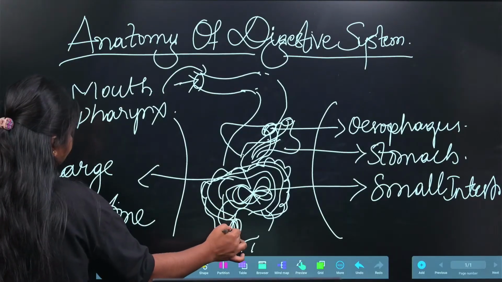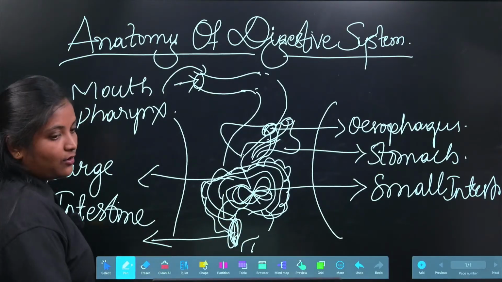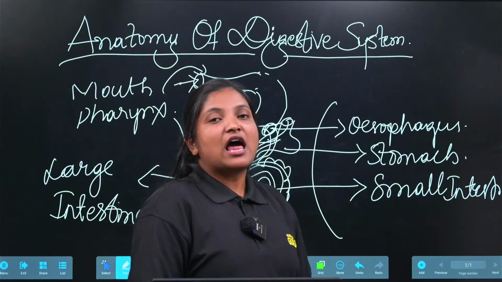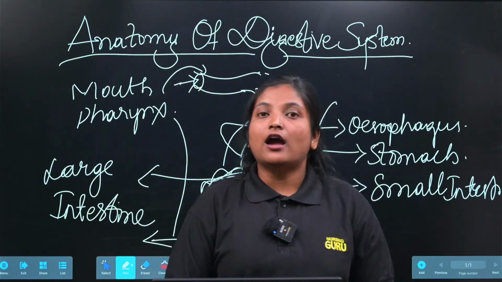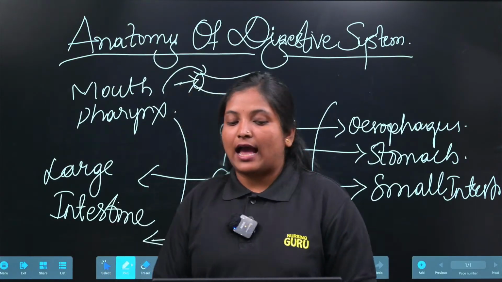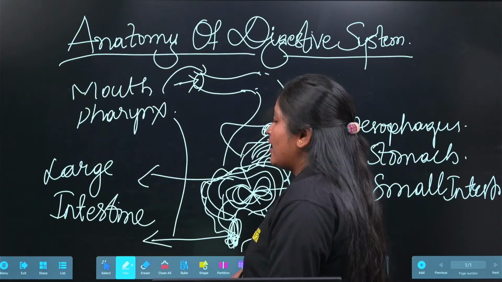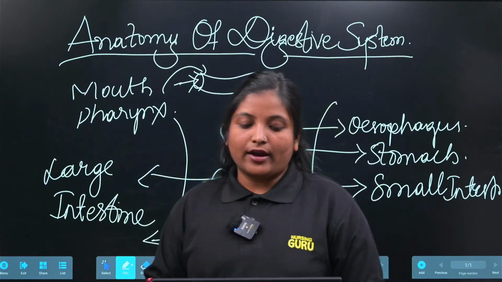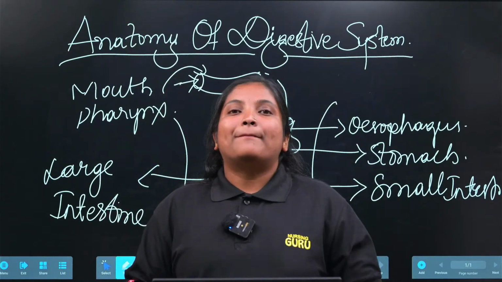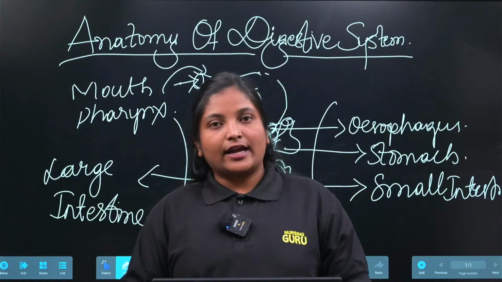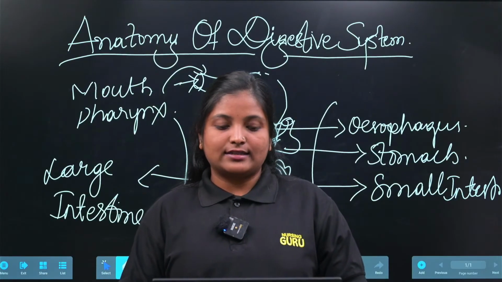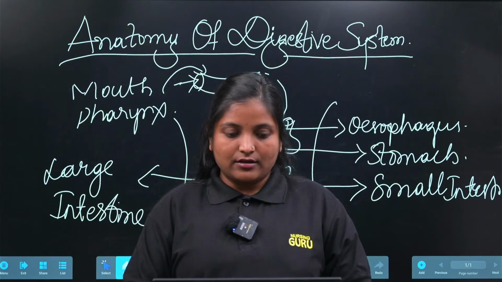Next, you can see the appendix. The large intestine is also called the colon. After that, the rectum and the anus. The anal canal is also part of the digestive system. So this is the structure of the digestive system.